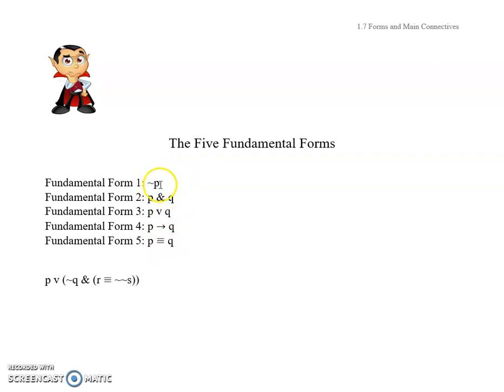For example, anything that's a substitution instance of this form is going to be called a negation, and that's going to be important for future work. So this codifies negations, this codifies conjunctions, this codifies disjunctions, this codifies conditionals, and this codifies biconditionals.